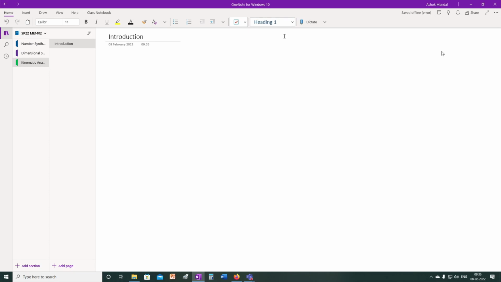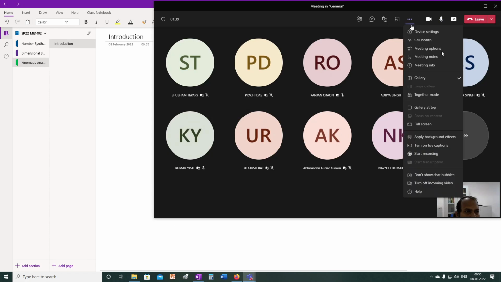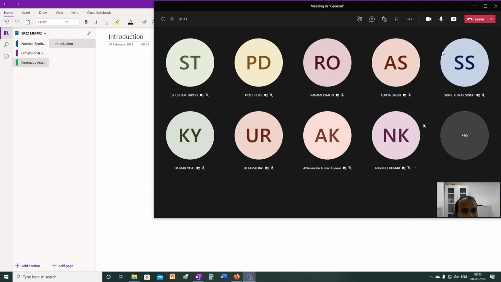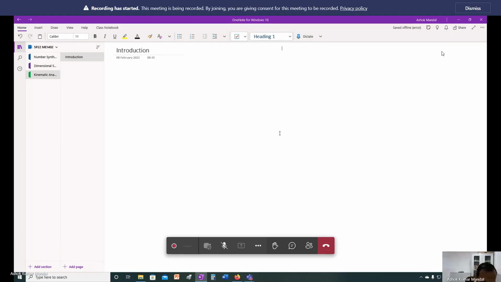To analyze mechanisms and machines, we started with number synthesis, where we discussed the range of movement, mobility, and degree of freedom of a mechanism.